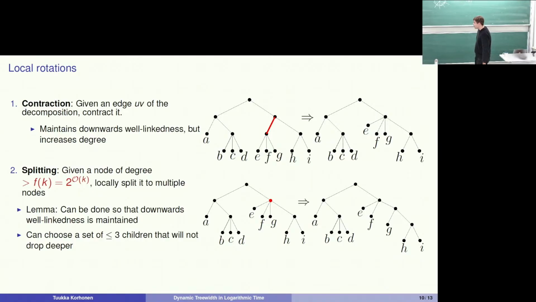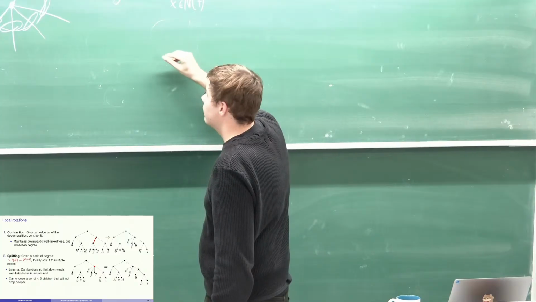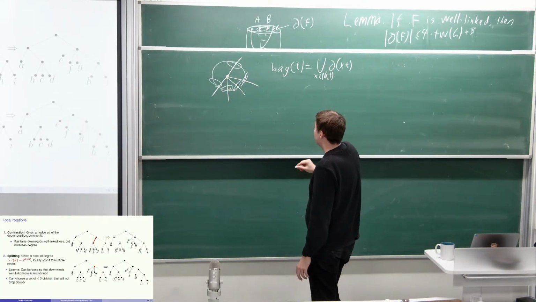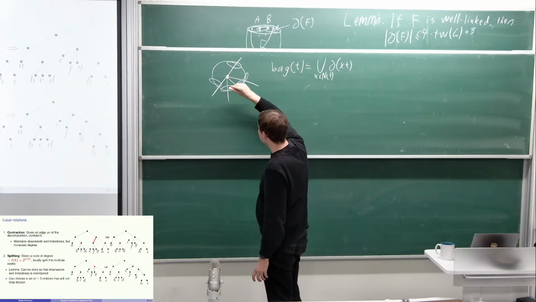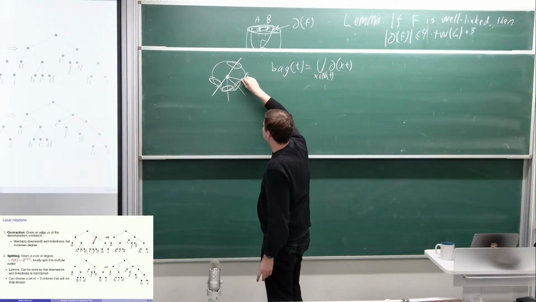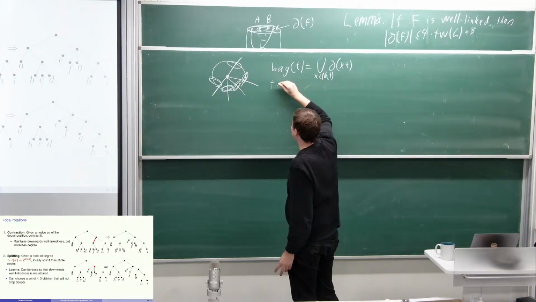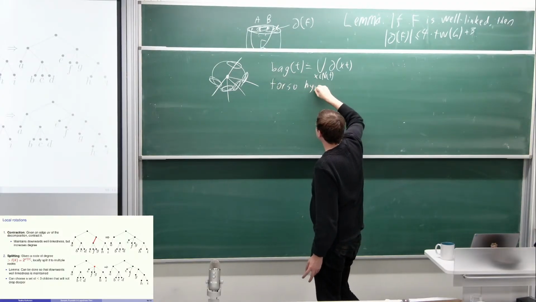What's the idea of this splitting operation? First, when we have a node, we can think of a hypergraph where the hyperedges are the boundaries of its adjacent edges. We can call this the torso hypergraph.